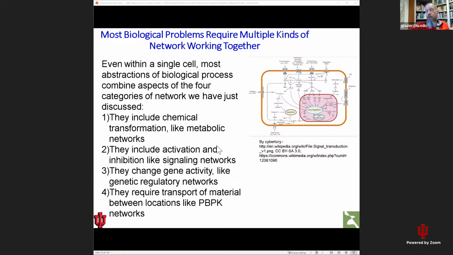And so any real complex biological problem will have all of these classes of network at one level or another, although very often we'll simplify things by assuming that some of these processes are operating in the background, just the way that when your car engine is working, you don't exactly care about all the details of how the engine works. You just care that it's providing motor power to your car under the control of your accelerator and your brake.